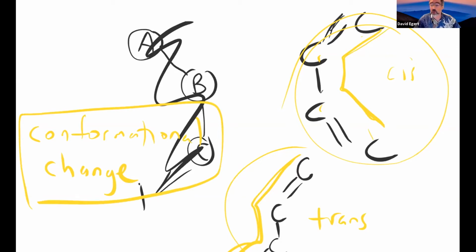That's going to be at the core of how your rods and cones convert light into electrical signals for your brain. There are going to be these conformational changes where cis-retinal becomes trans-retinal and starts a whole chain reaction in the photoreceptors in your retina.